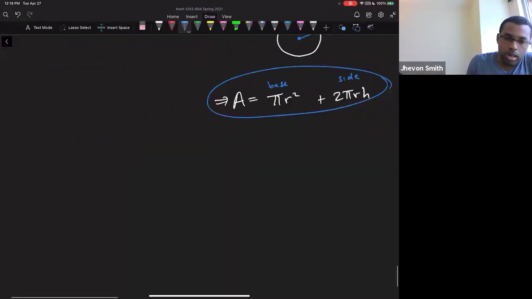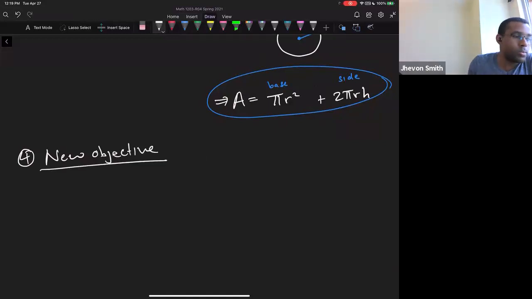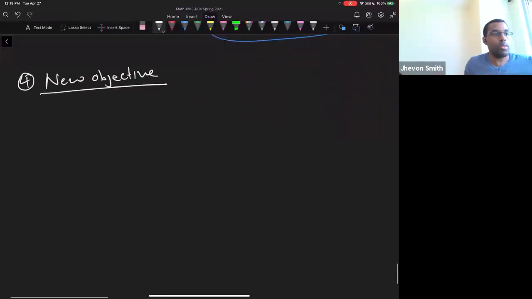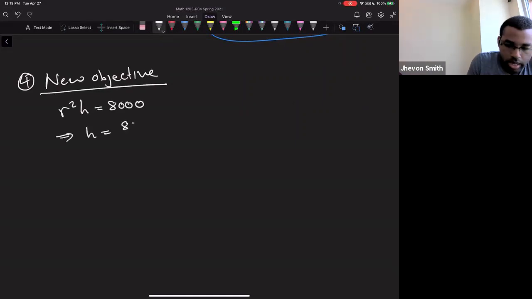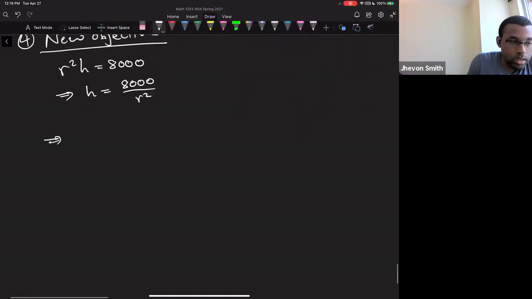So now we are on to step 4, where we need the new objective. And so that's going to be, we know that r squared h is 8,000. This means that your h is 8,000 over r squared. This means you can find your area to be pi r squared plus 2 pi r h.